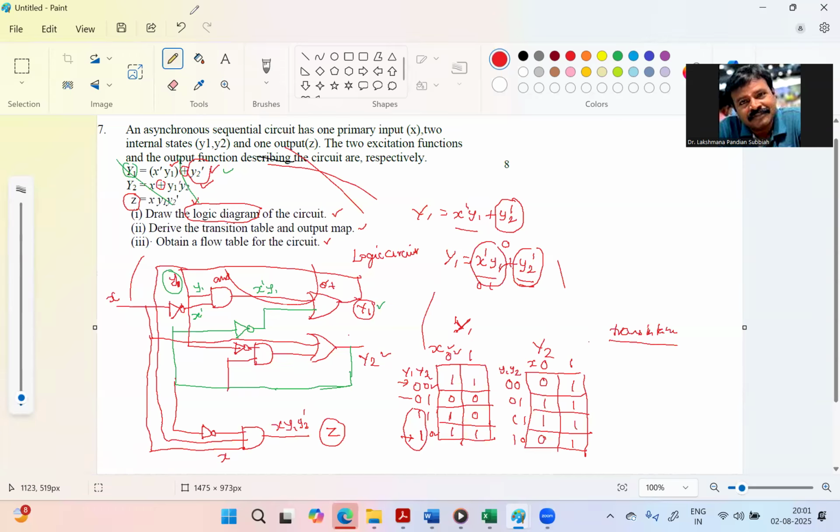Right, so for the transition table, you merge together. So that is 0, 0, and x is here 0, 1. Then you have to draw that one here.